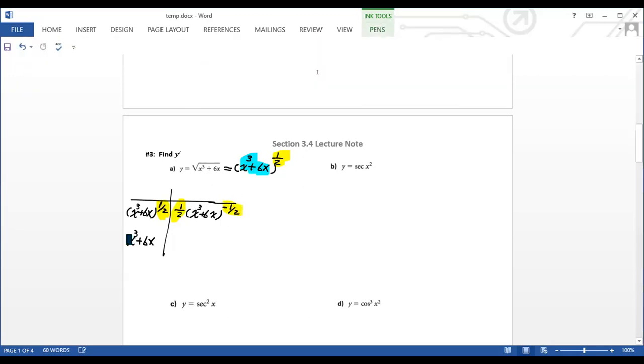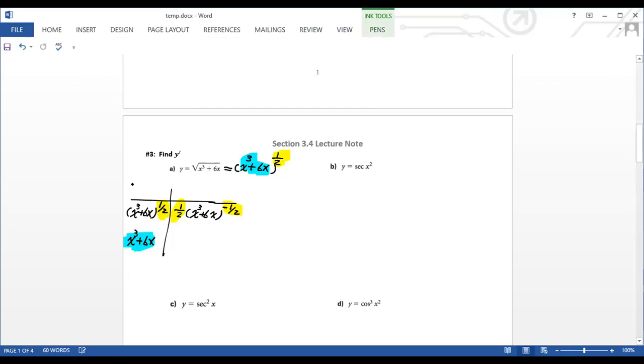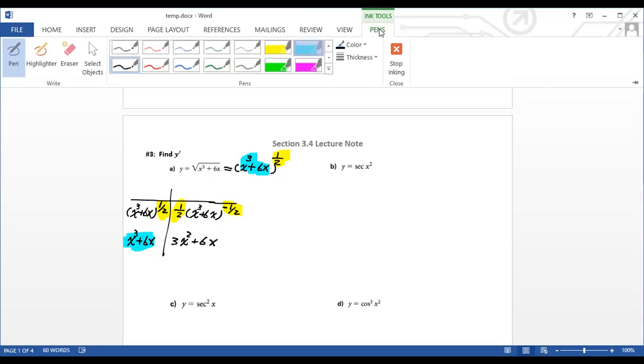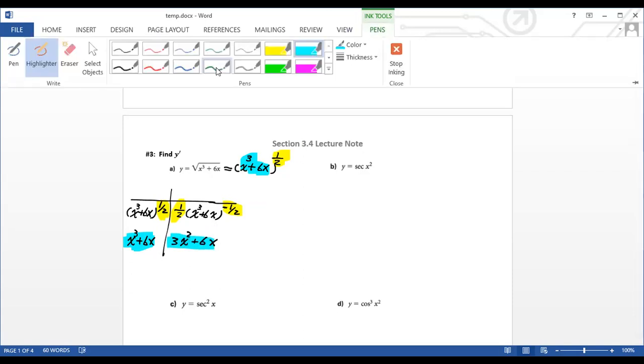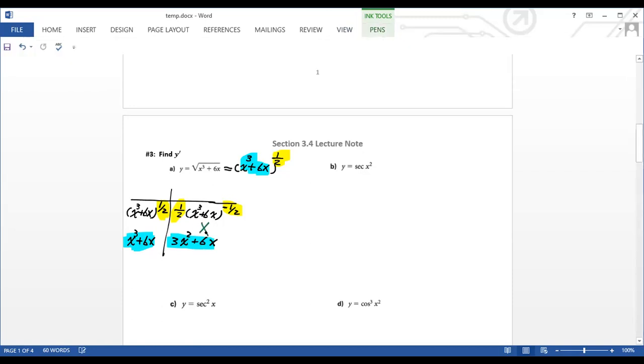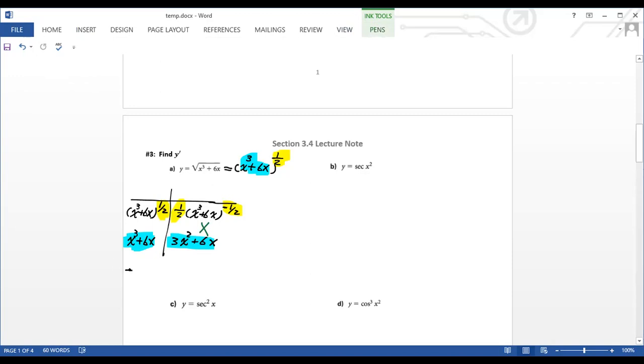And now you have the second layer, right? For the second layer, you can also just use the power rule to take the derivative. So what is here? x cubed becomes 3x squared, plus 6x becomes 6, right? So this is your second layer. After you do that, my final answer will just be you multiply these two. Let's write it down.